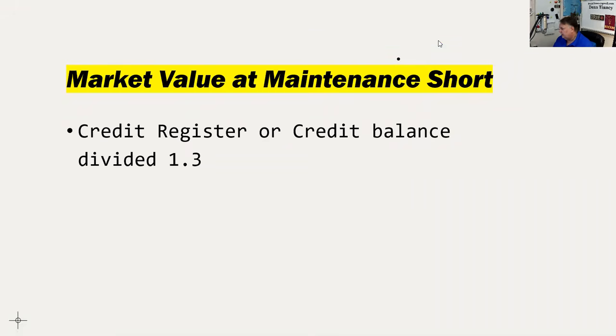You say, well, Dean, how far up could the SeaWorld go before there would be a problem? I said, ooh, why are you going to send out negative energy like that? So we sold short 1,000 shares of SeaWorld at 30 grand. As you recall, our credit register, the cash in the account, was $45,000.